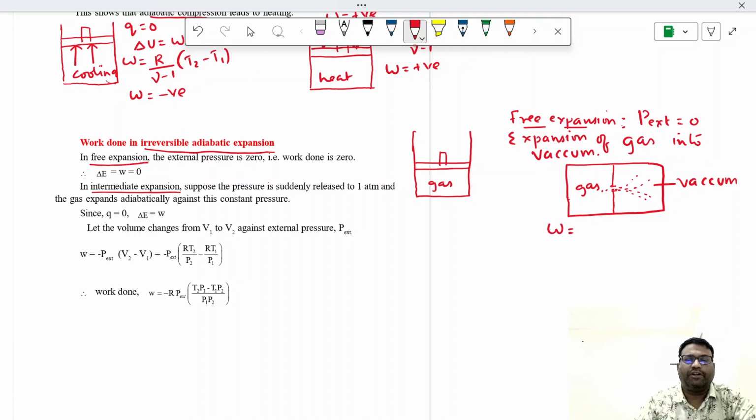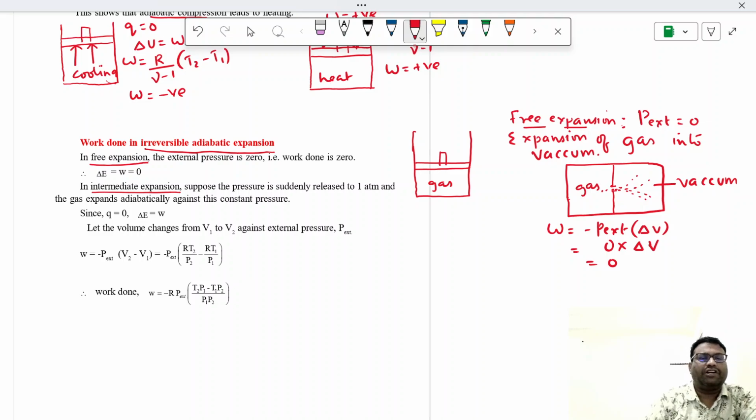We know the formula, work done is minus P external into dV. P external is 0, so 0 into delta V is equal to 0. So work done is 0. Whether it is an isothermal process or an adiabatic process, whatever the process, when gas is expanded into vacuum, which is called free expansion, work done by the gas is always equal to 0.